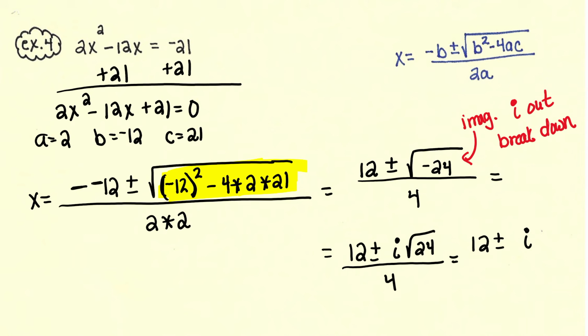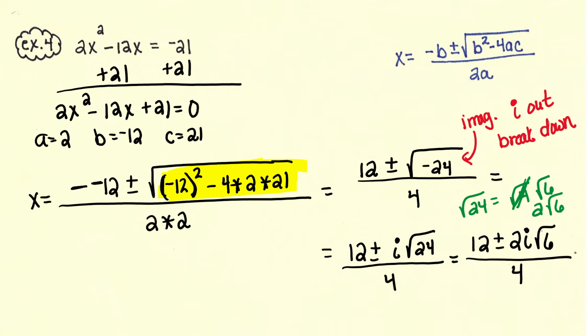To break down the 24, you're looking for perfect squares that go in there. Well, pretty quickly you can see that 6 times 4 is 24. The square root of 4 is a perfect 2, and then just drop down your square root of 6. So that'll be 2i times the square root of 6 over 4.